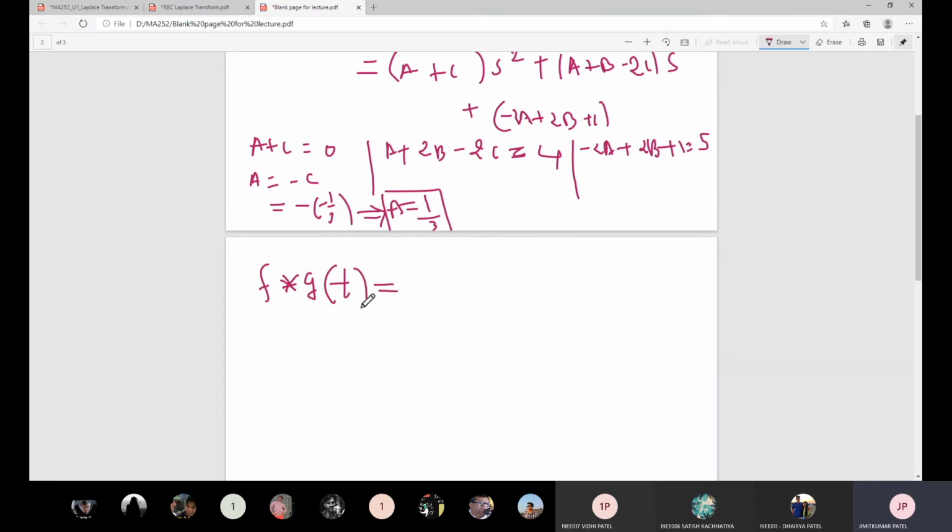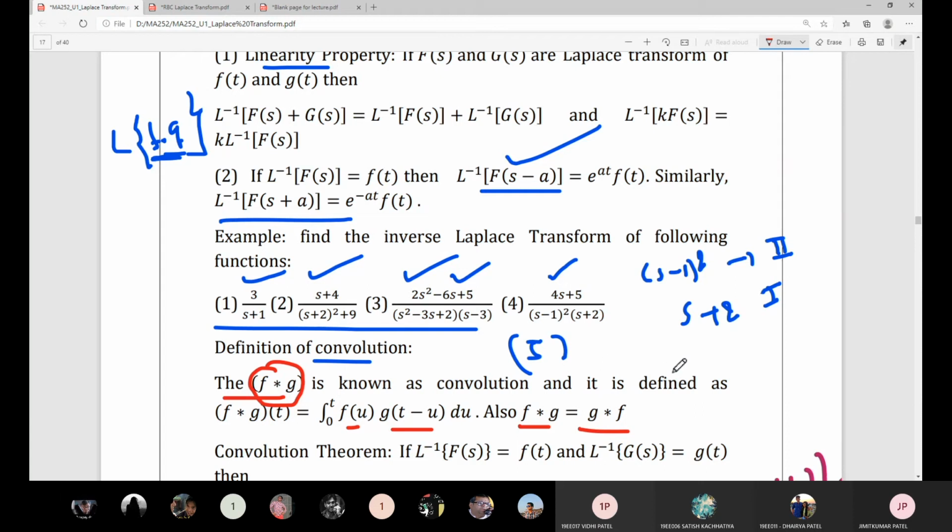So f star g of t is nothing but integration 0 to t of f of u as it is, means no variation in f, while g has variation with t minus u, into du. Whenever you use f star g, you have to write it as 0 to t f of u g of t minus u du. Okay, now any problem in convolution?